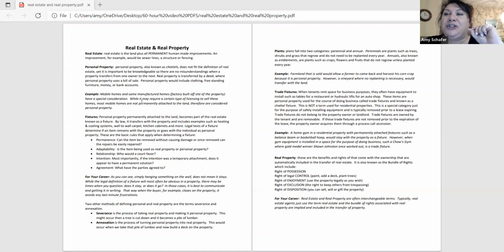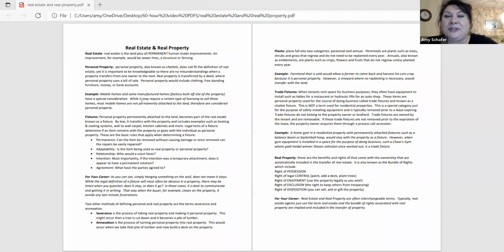A fixture starts as personal property, and it becomes so attached to the land, and its intention is to stay with the land, that it's no longer personal property, it's a fixture, and it remains with the property when it transfers to a new owner. Okay, so a fixture is personal property so attached to the land that it becomes real estate.